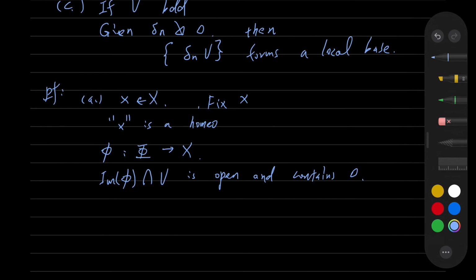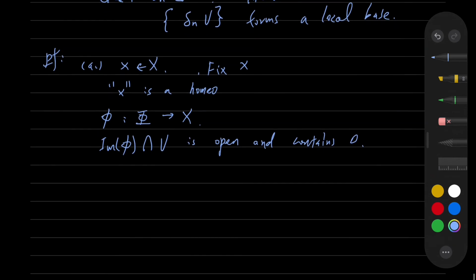Then by the standard topology of the real numbers or complex plane, we can find a ball B of radius epsilon around 0 such that this neighborhood actually contains this ball.